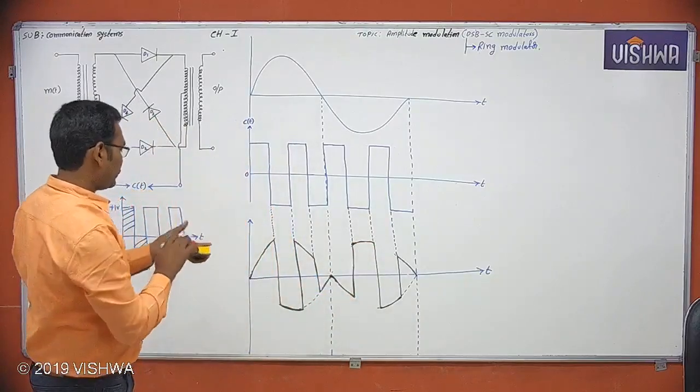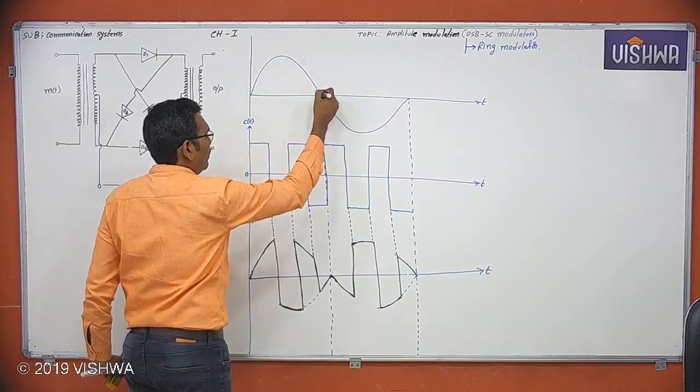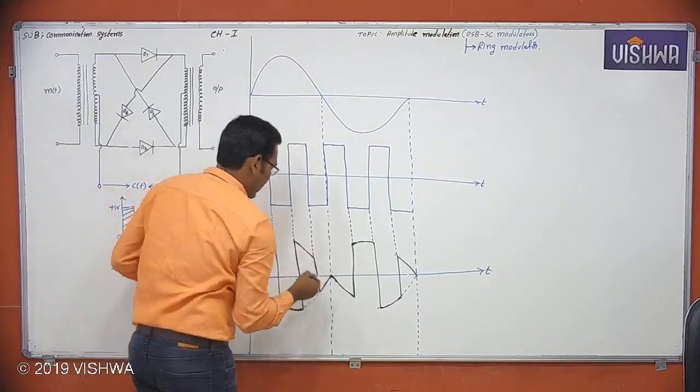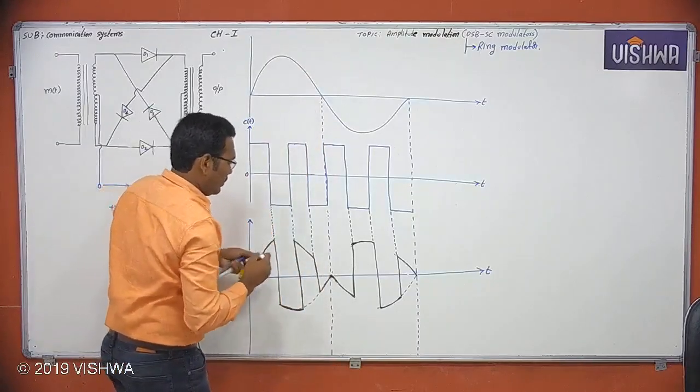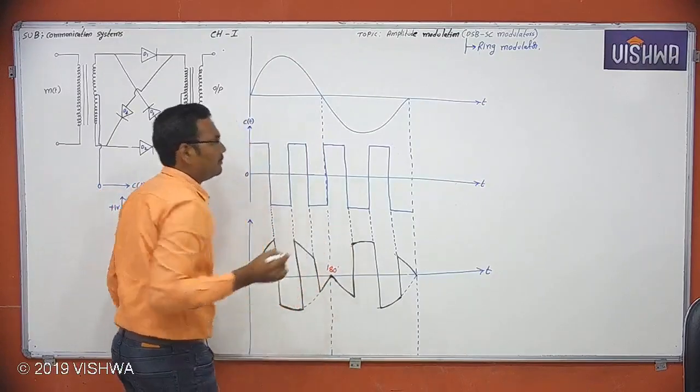Now see here, in DSBSC, when the message signal is crossing the zero axis, there is a phase shift of 180 degrees.